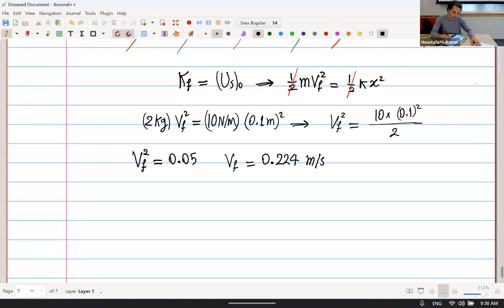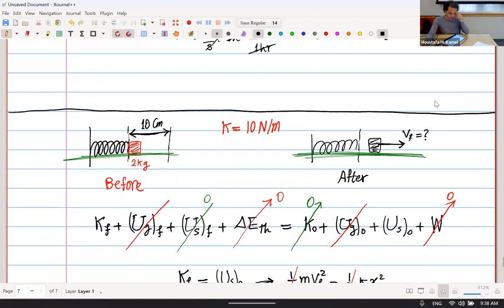It's pretty fast. So this is a typical energy problem where you are given the initial configuration and you're asked to get the final velocity or something.